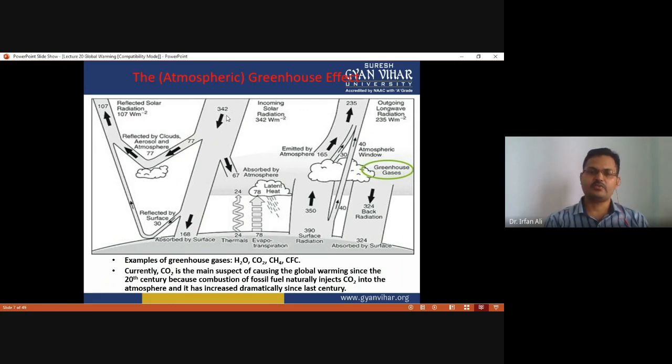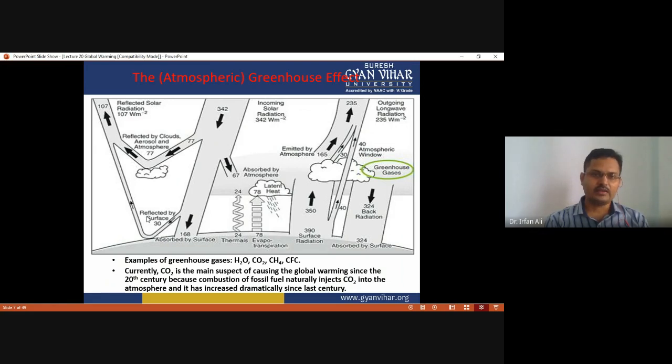It is distributed like this: 168 absorbed by the surface, 67 absorbed by the atmosphere, and 77 reflected by the clouds, aerosols, and atmosphere. So approximately 107 is reflected solar radiation by all these activities.